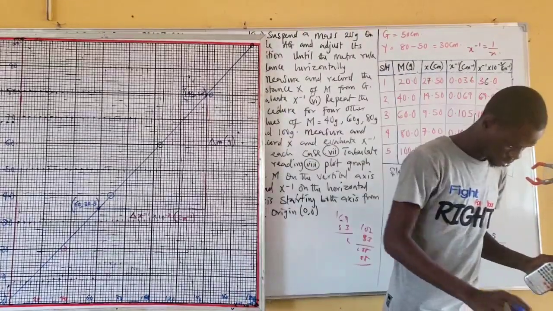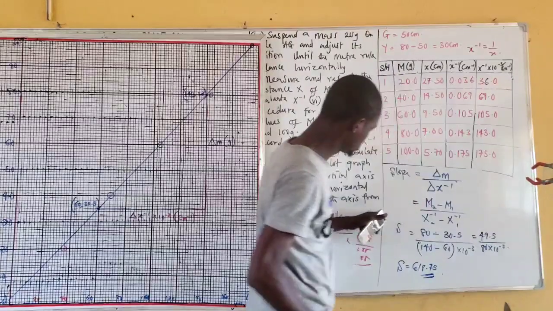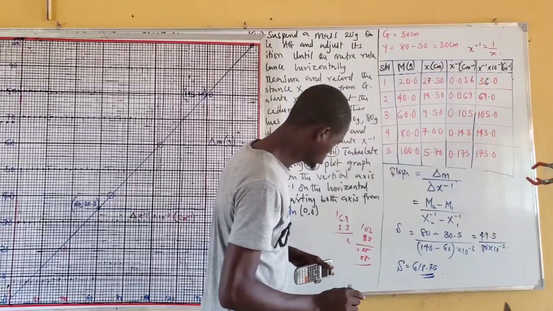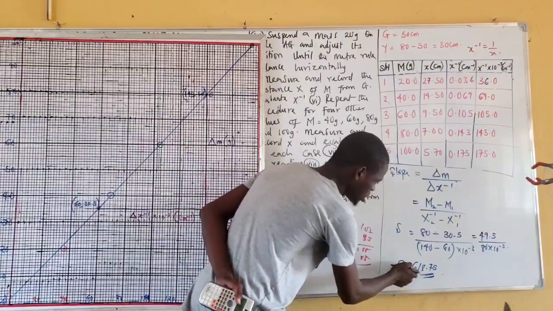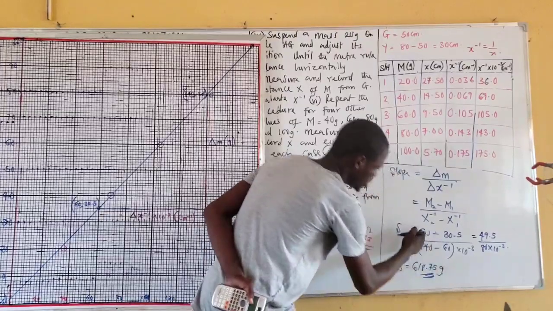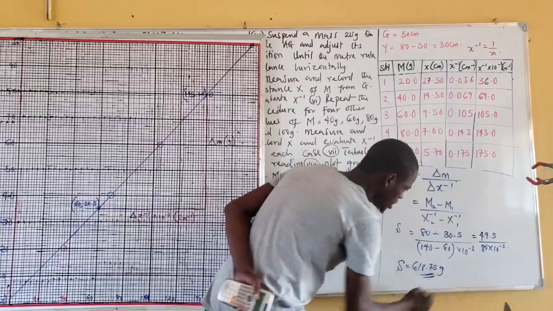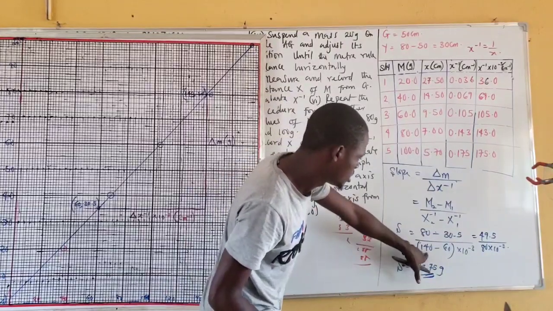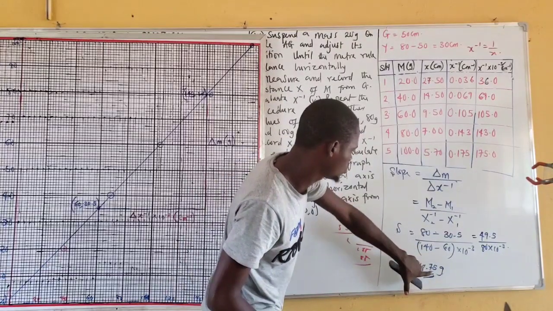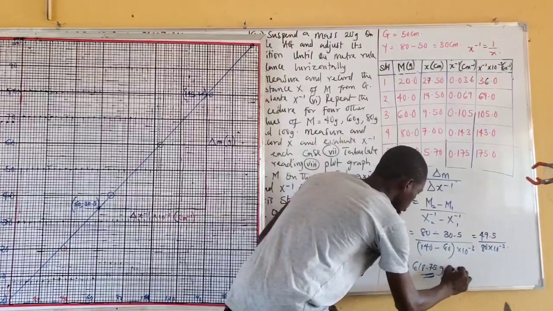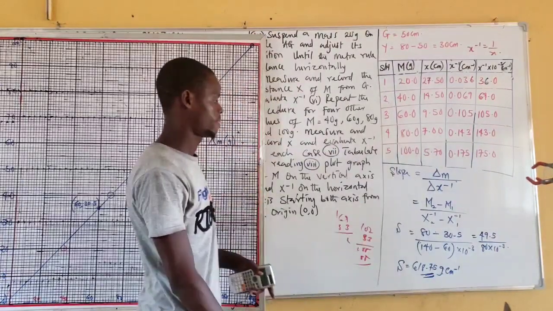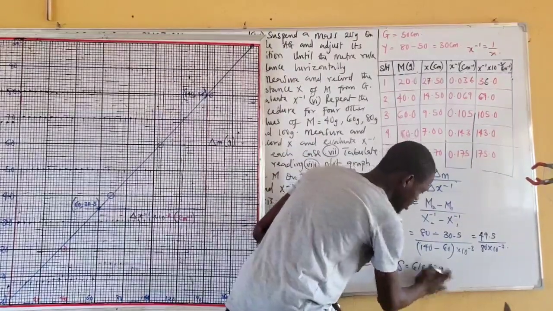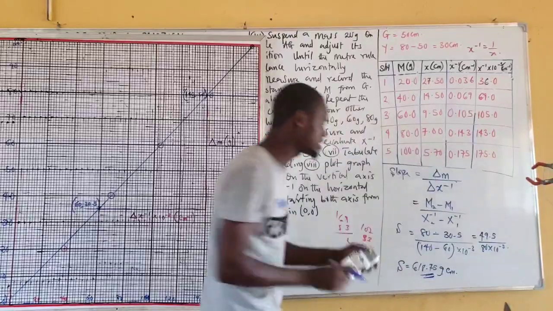Okay, so the mass is in gram, while this one is per centimeter. Sorry, gram centimeter. Now, why is it gram centimeter?